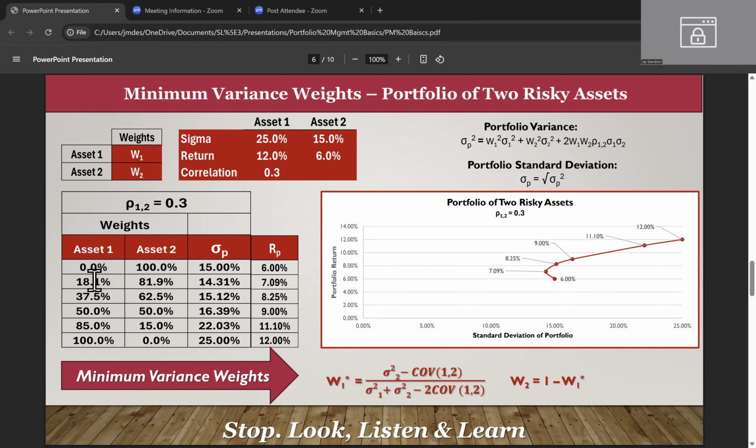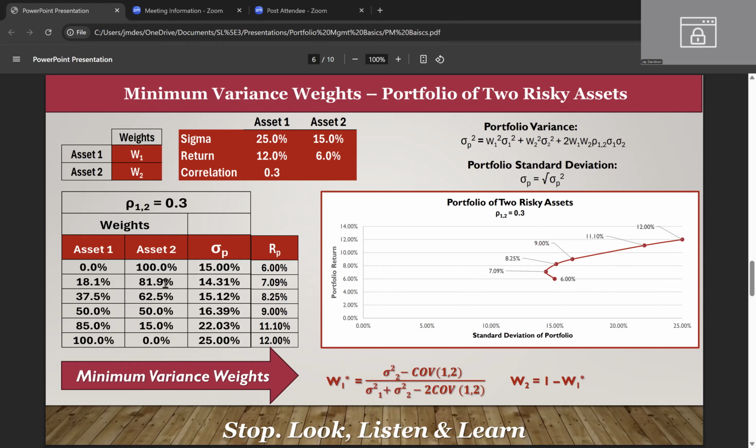And so you might be wondering why I have this 18.1% and this 81.9%, and that's because given this set of metrics or parameters here, the portfolio that minimizes the volatility or the variance would be investing 18.1% into asset one and 81.9% into asset two.